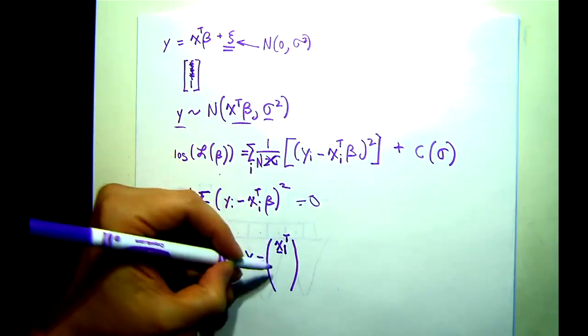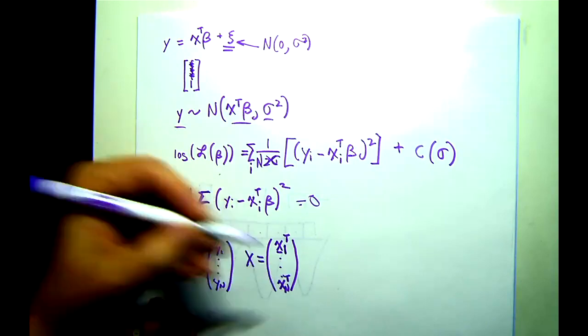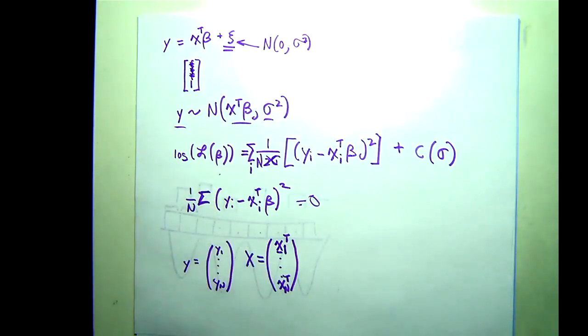Sorry, that's a 1, not an i, down to the nth. So this is the same y piled up into a vector, and X is the same data matrix that we always consider, where the rows are data points and the columns are features.